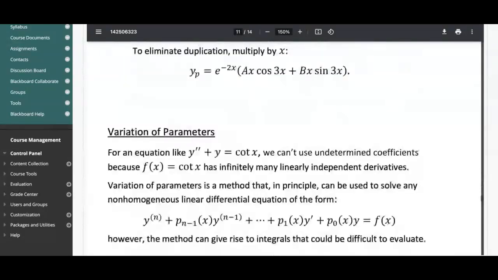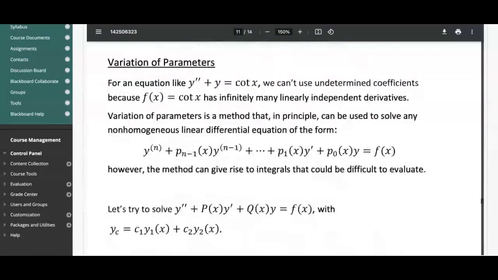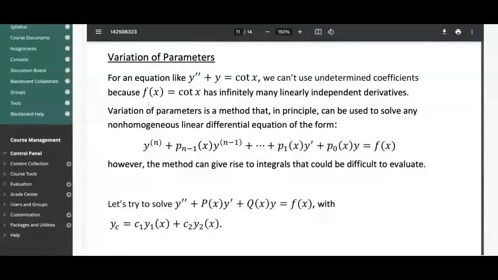Okay, last part. Variation of parameters. For an equation like this, with cotangent x, we cannot use undetermined coefficients because f of x equals cotangent x has infinitely many linearly independent derivatives.